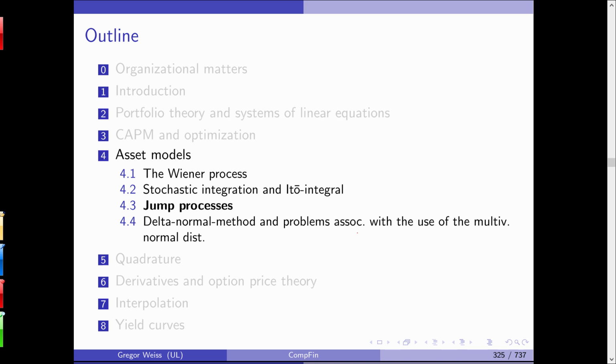Now, I've already told you last time that these are the most basic stochastic processes one can use to model prices and returns.